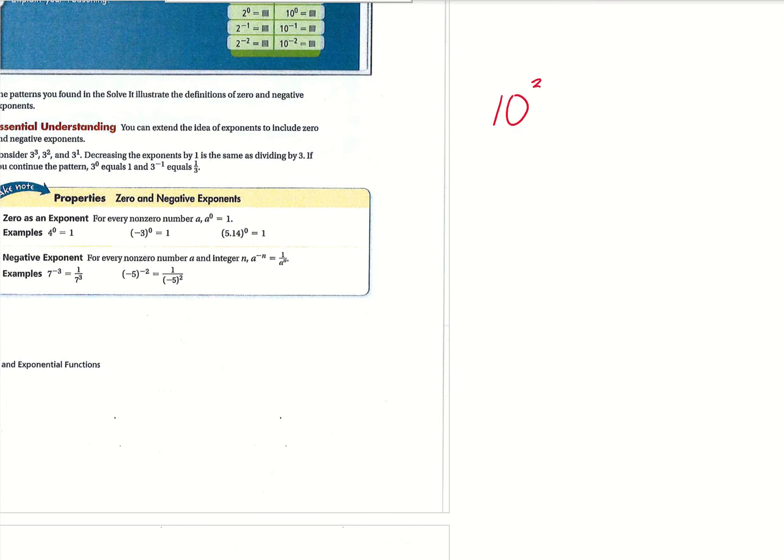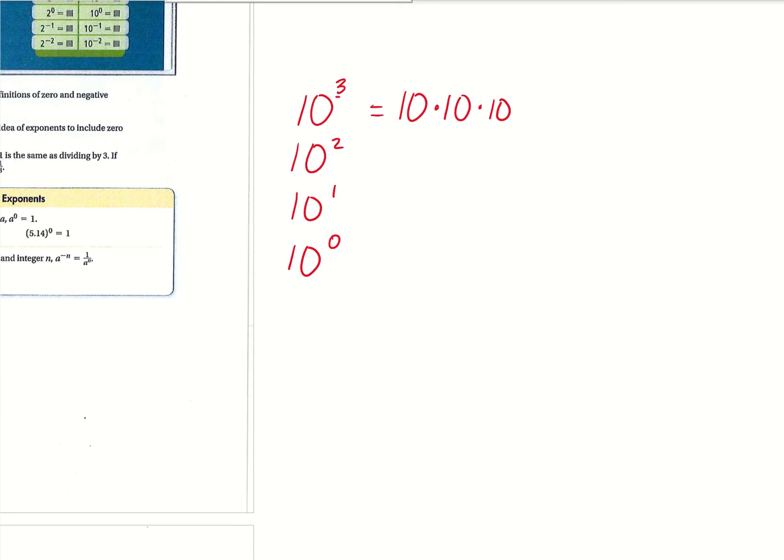So if we do 10 to the third, 10 squared, 10 to the first, 10 to the 0 power, we'll look at 0 power for now and get to negatives in a bit. 10 to the third power is 10 times 10 times 10. The nice thing about tens is that the exponent, whenever it's positive or 0, just tells you how many zeros you're going to have. So for 10 to the third, I'm going to have 3 zeros, which is 1,000.